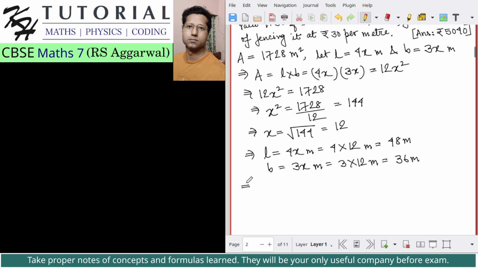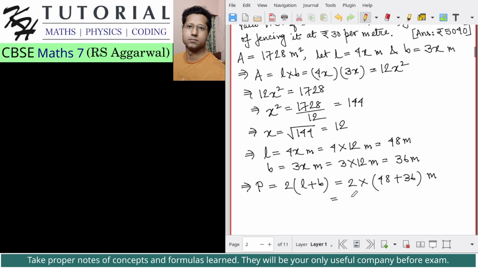So what will be the perimeter? The perimeter P, capital P, is used to denote the perimeter of in general any plane figure. The perimeter for a rectangle is 2 into length plus breadth. So this will be equal to 2 multiplied by 48 plus 36 meter.